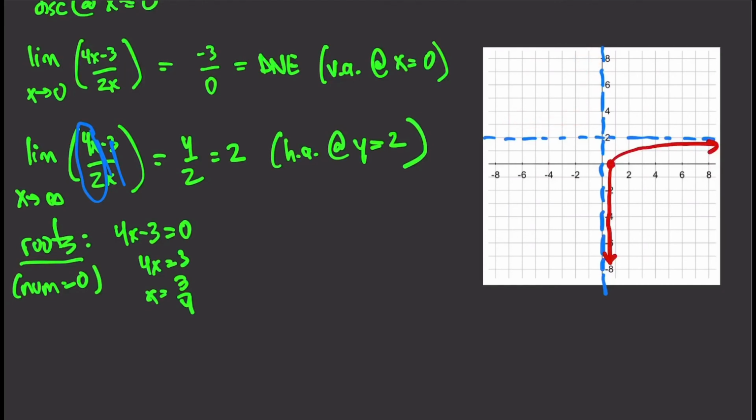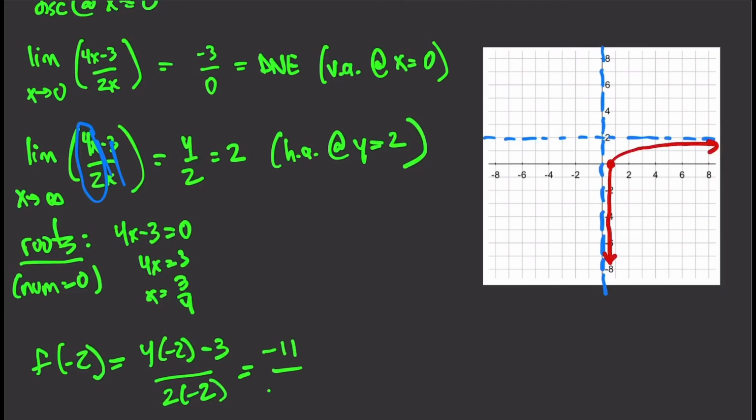Okay, so what I'm going to do next is plug in f of -2. I've got 4 times -2 minus 3 over 2 times -2. That's -8 minus 3, which is -11, over -4, so I have 11/4, which is approximately 2.75.